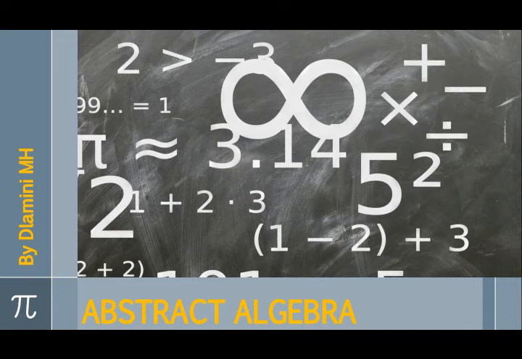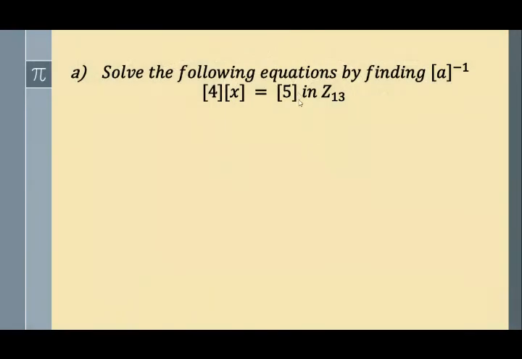For the first problem, the equation given is the congruent class of 4 times the congruent class of x is equal to the congruent class of 5 in modulo 13.